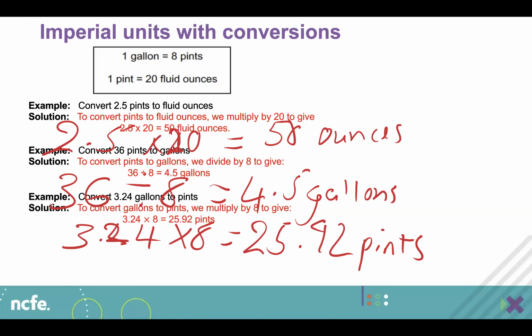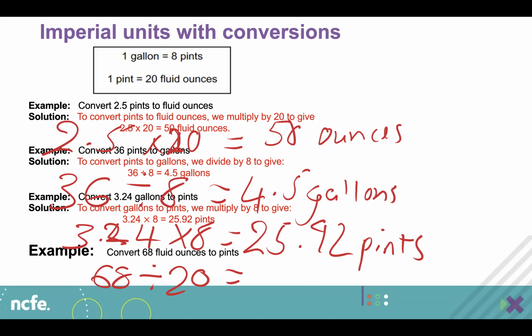And convert 68 fluid ounces into pints. So again, if 1 pint is 20 fluid ounces, 68 fluid ounces would be 68 divided by 20, which is 3.4.